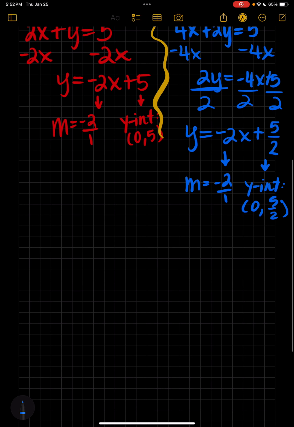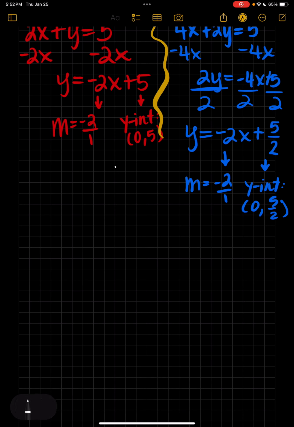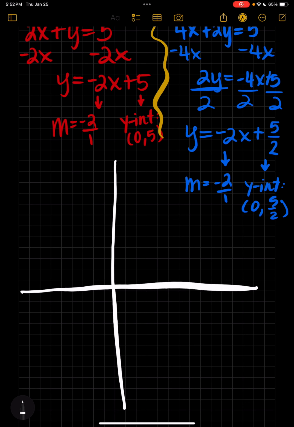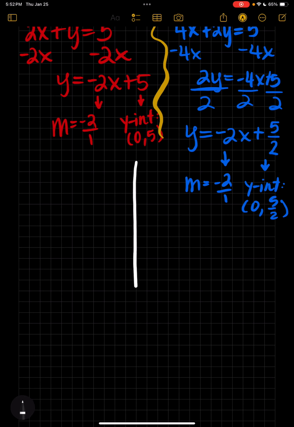Okay, so now let's use this information to graph. Now, I am pretty sure in my math lab, if you look at your graph, it is going by increments of 1/2.